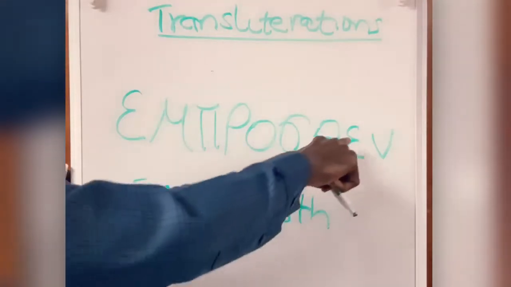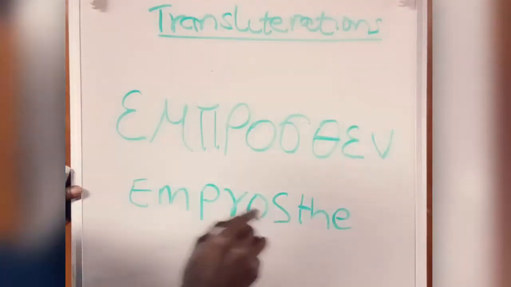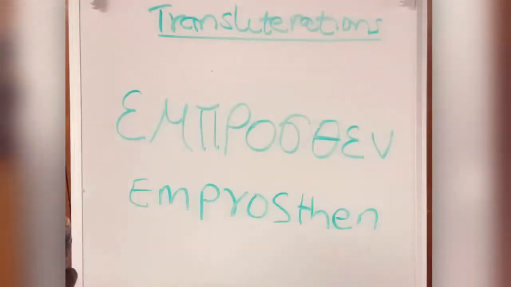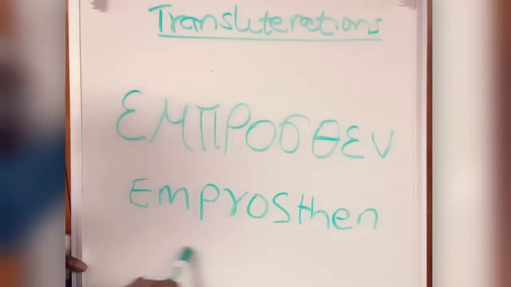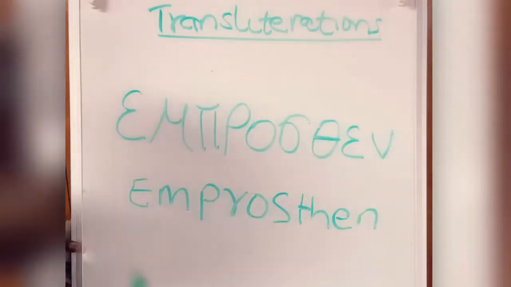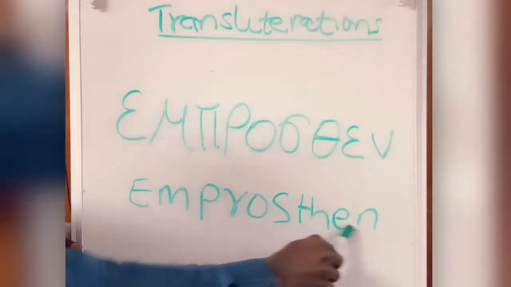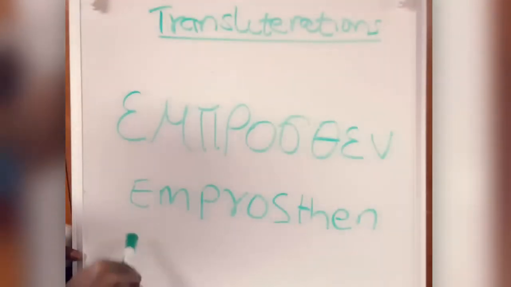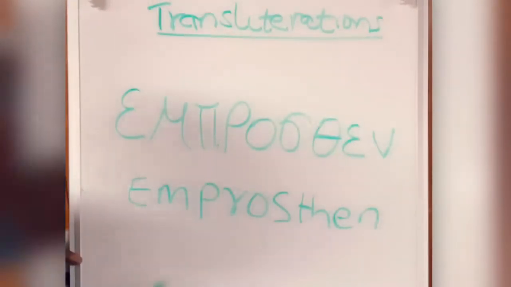Epsilon is E. And the nu is N. Now, if you are given the opportunity to pronounce this word, you will do it as easy as Greek is. Emprosthen.